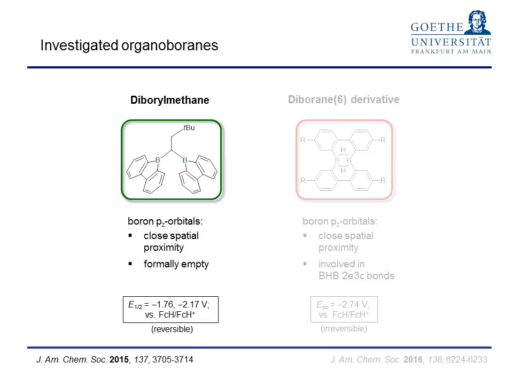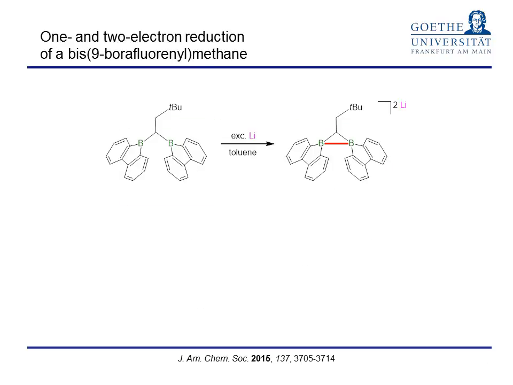Starting with the diboramethane, let us now take a look at the reduction chemistry by chemical means and on a preparative scale. Using an excess of lithium metal and toluene, the neutral diboramethane was reduced to its corresponding dianion with the concomitant formation of a B-B single bond.